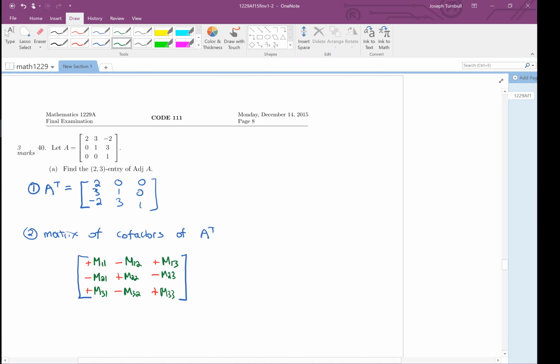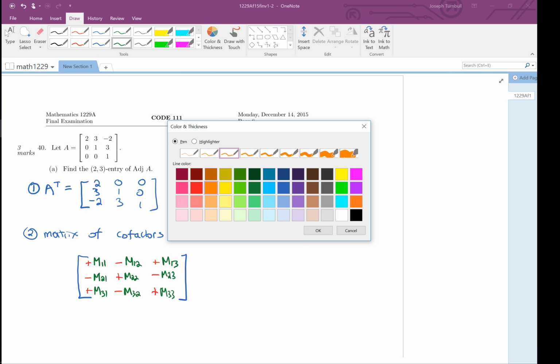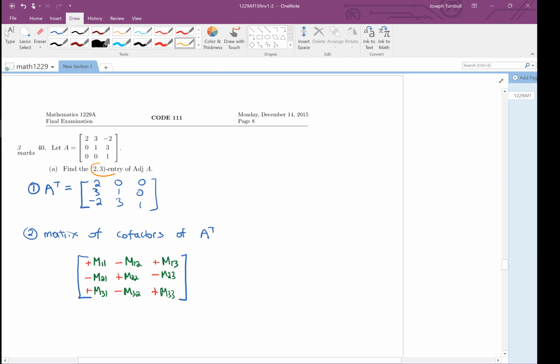We don't want all of them, just one. We just want the 2, 3 entry. So that's row 2, column 3. So here's row 2, there's column 3. We're looking for this entry here. So I want minus M23.